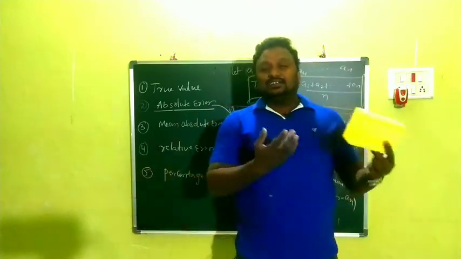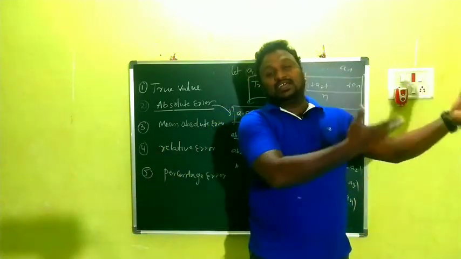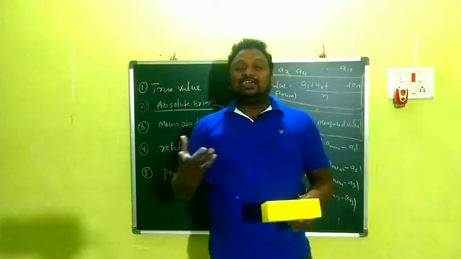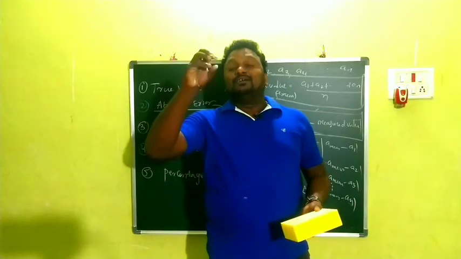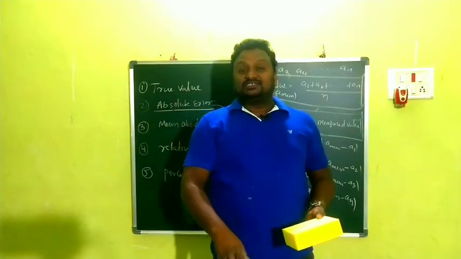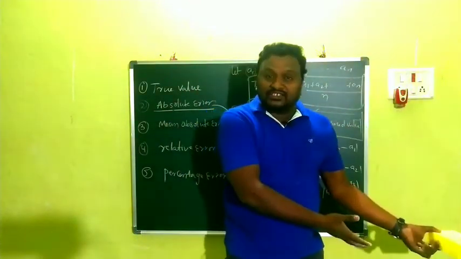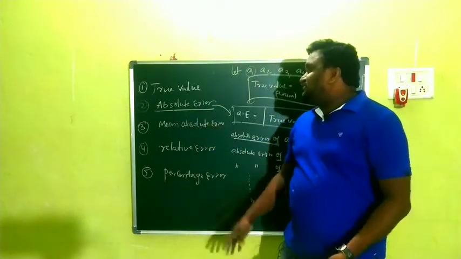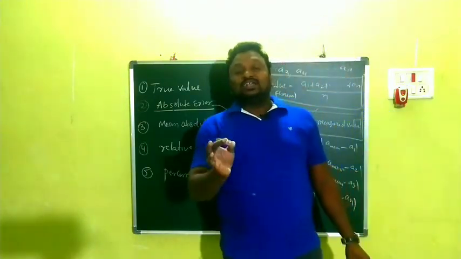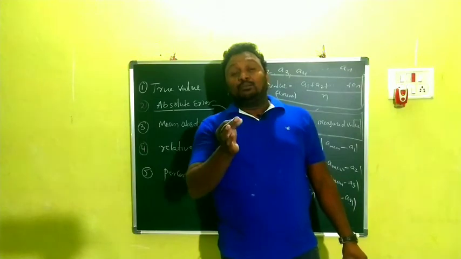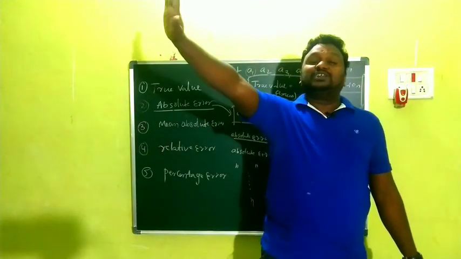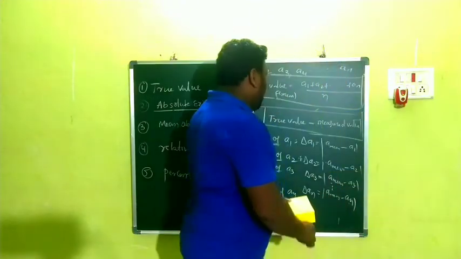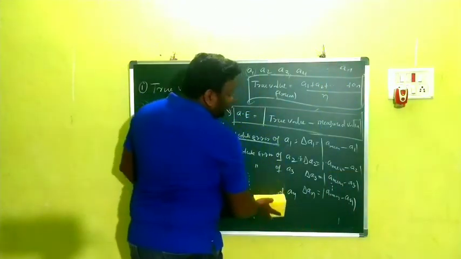Then delta A1, delta A2, delta A3, delta A4 and so on, delta AN are their absolute errors. If we write their average, that is the mean absolute error. Simply, mean absolute error is nothing but the average of all absolute errors.